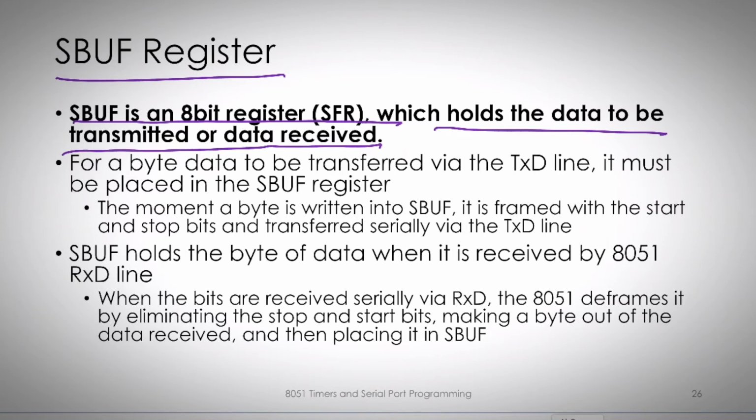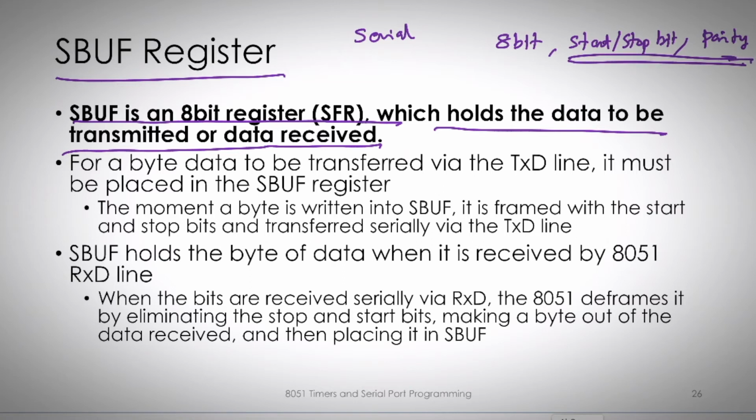You know very well, for a serial communication, when it is an asynchronous transmission, other than this 8-bit data, we have a start as well as a stop bit. Then you will be having the parity bit. There are so many other bits other than the data itself, right?